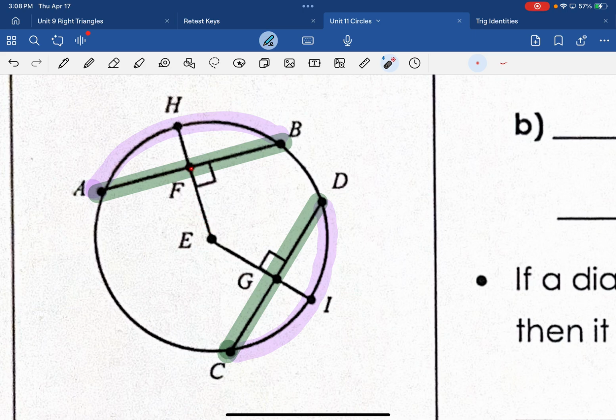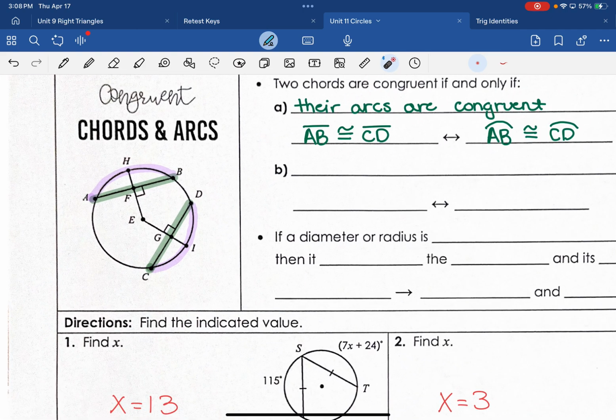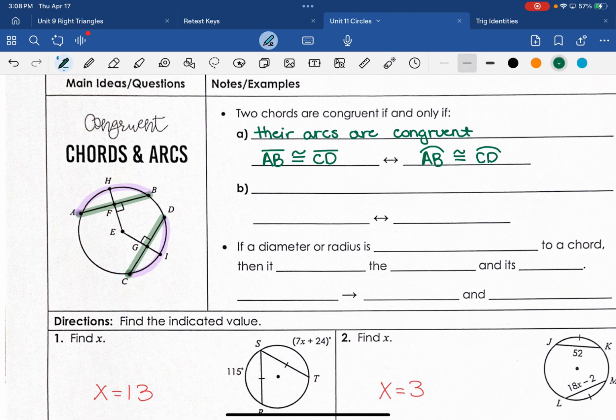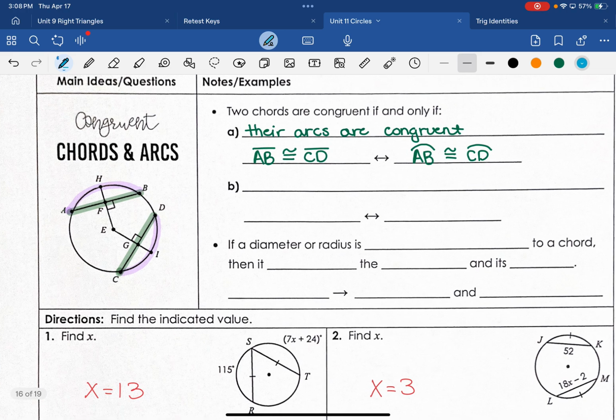That is your distance between the chord and your center, correct? So what this next part is going to say is, if and only if they are equidistant from the center.